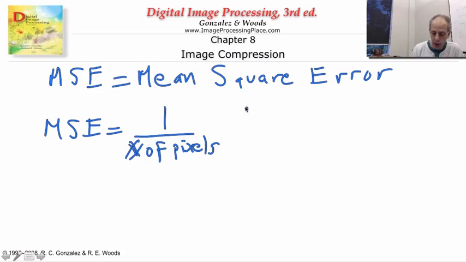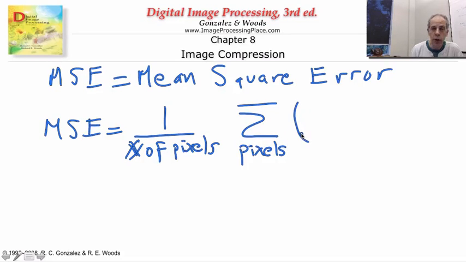That's just a normalization. We sum over all the pixels. And what we do is we basically compute the square of the error. We're going to have the reconstructed image, let's call it F reconstructed, minus the original image, squared.